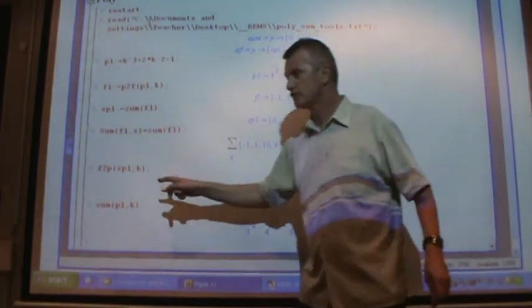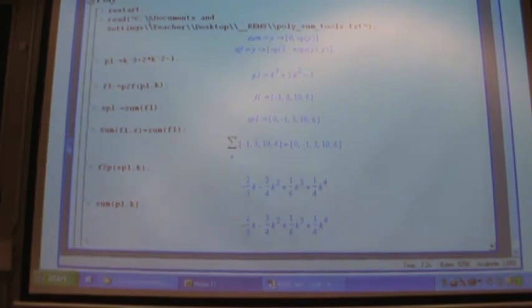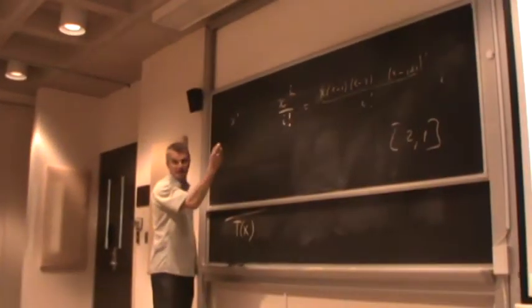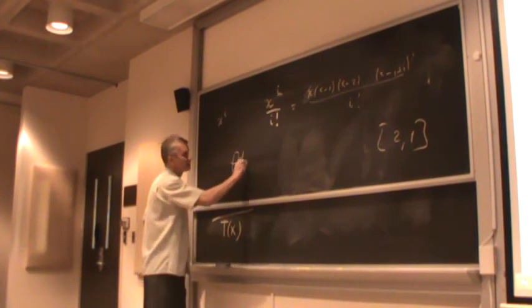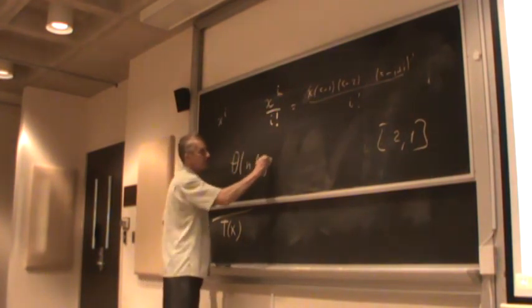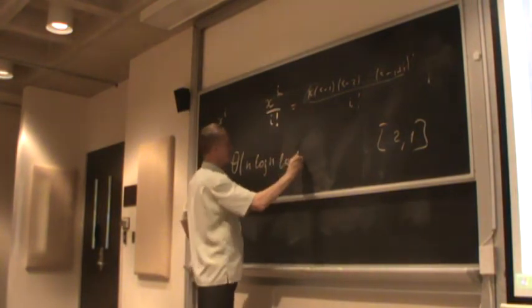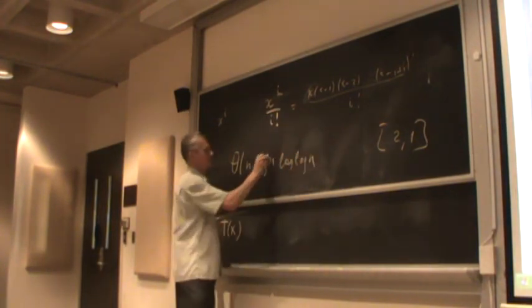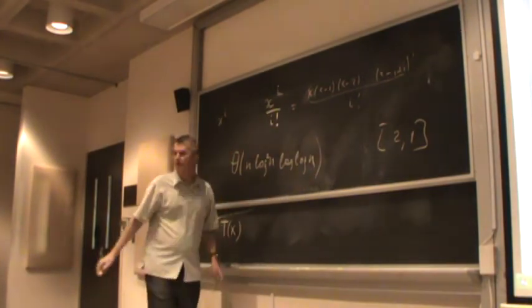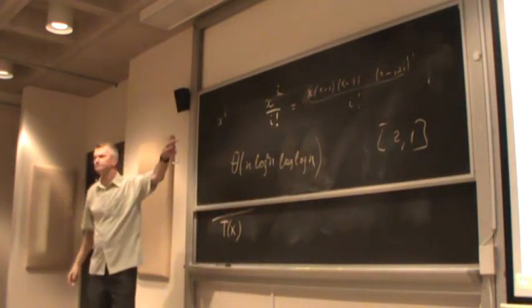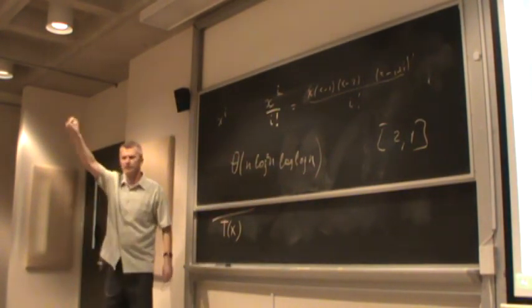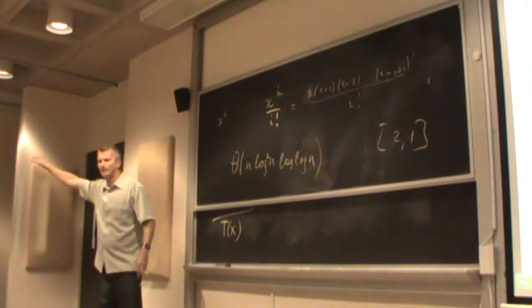Because a fast algorithm for change of basis has, if n is the degree, running time something like n log n. How does Maple currently do summation? It computes Bernoulli numbers, right?